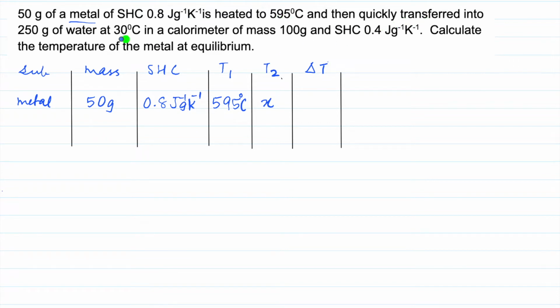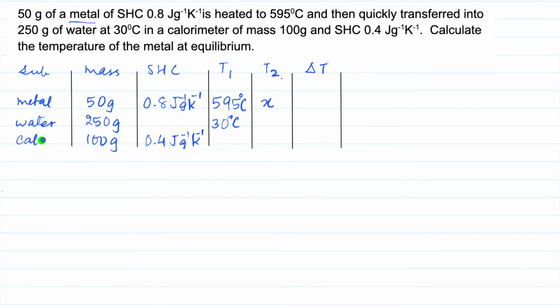Now it is quickly transferred to water. So the second substance is water. The mass of the water is 250 gram. And it is at 30 degrees C, that's initial temperature, and in a calorimeter, so the calorimeter is going to receive the heat, mass of it is 100 gram and SHC is 0.4 joule per gram per Kelvin.